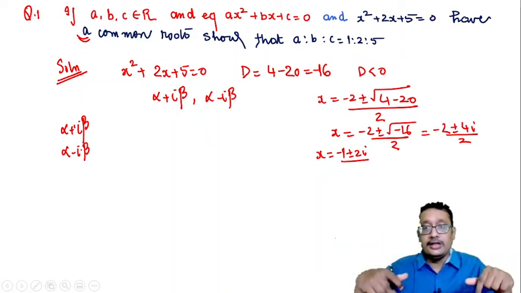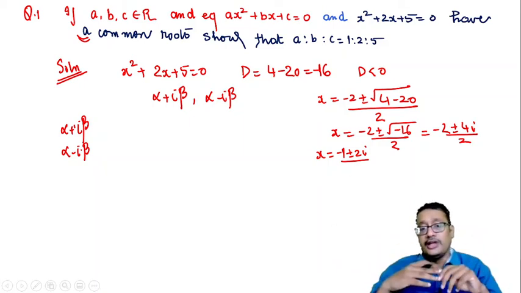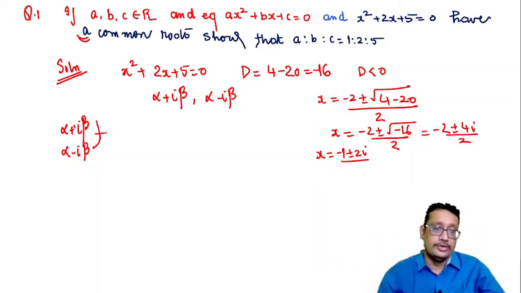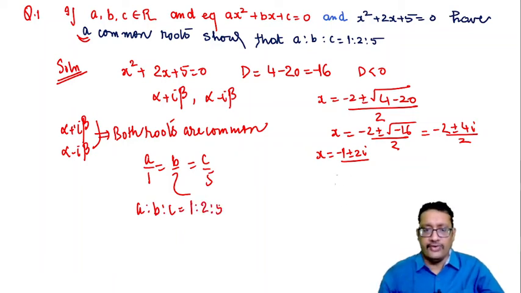Now I am told they have a common root, but I come to the conclusion that both roots are common because imaginary roots occur in pairs. So the condition will be a/1 = b/2 = c/5, and a : b : c will be equal to 1 : 2 : 5.